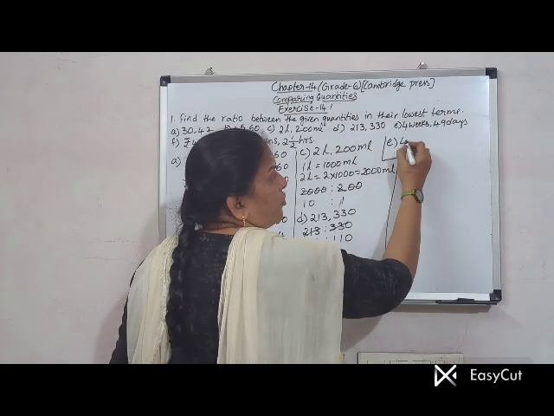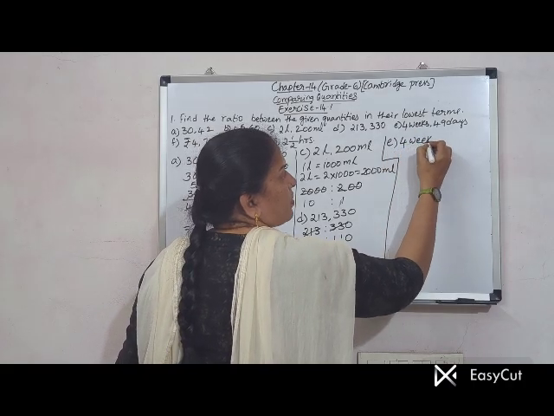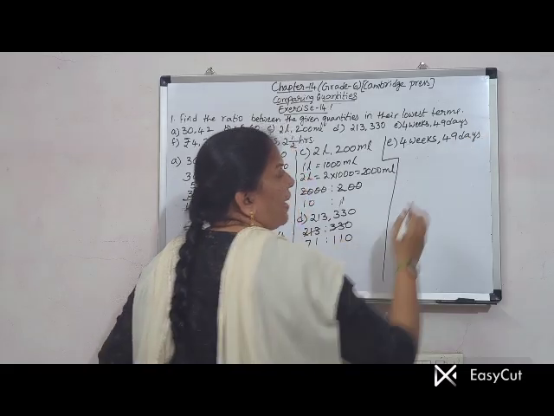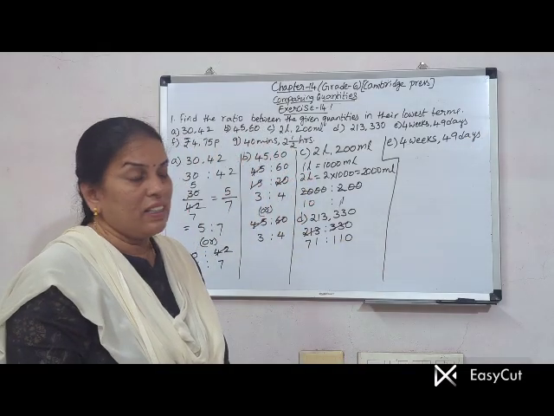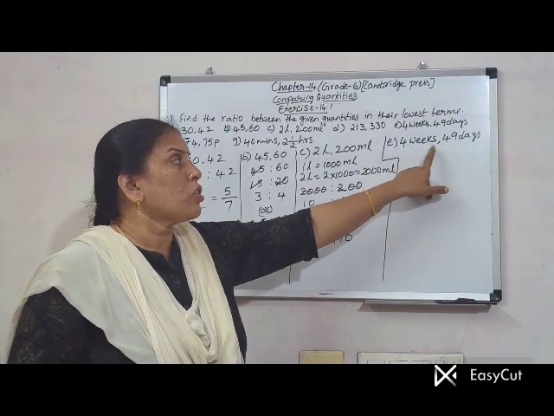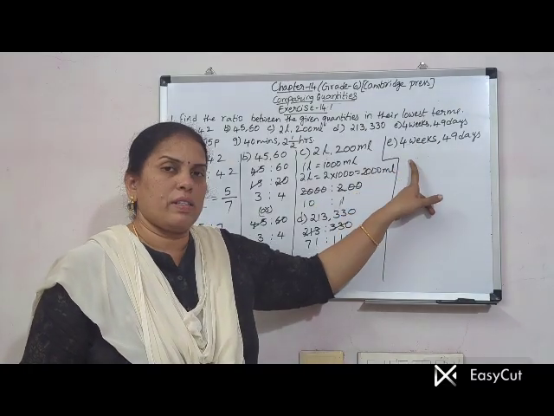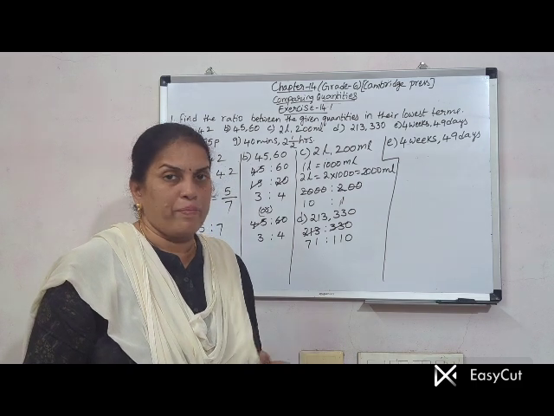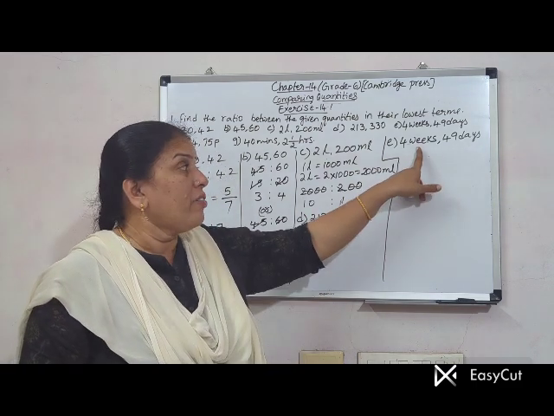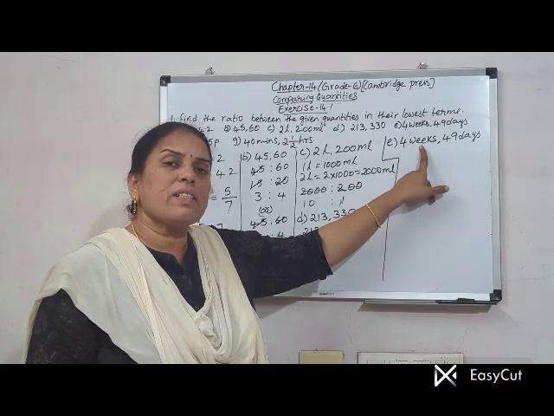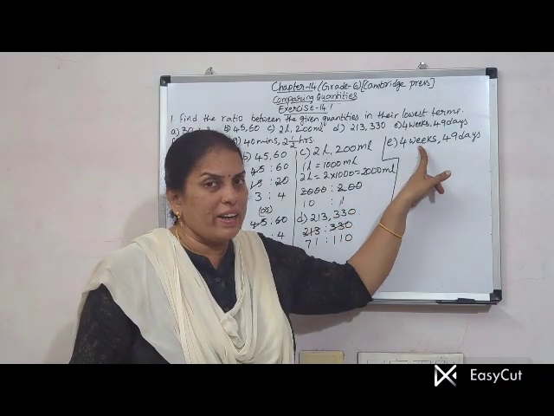E. What is the E question? 4 weeks, 49 days. Before only I told you, we discussed, that here both should be in the same units. Here weeks are there, here days are there. They are not same. So what should we do? Convert weeks into days. Already here days are there. 1 week is equal to how many days? 7 days.